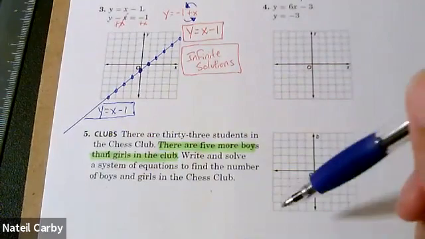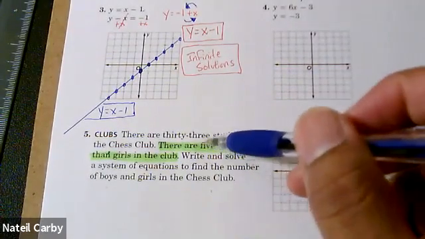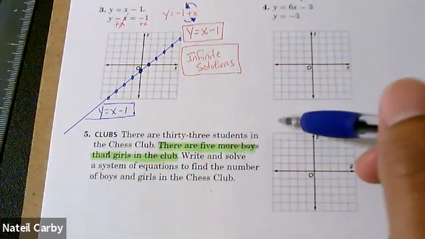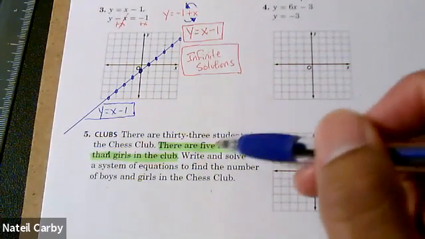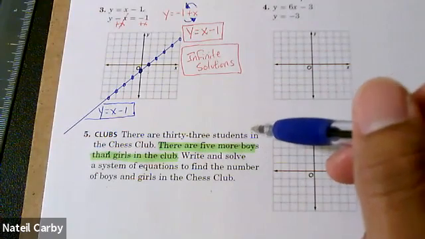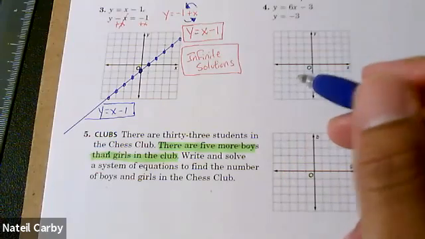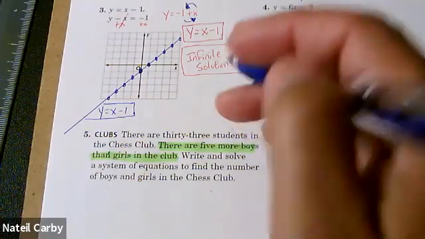I think most of us can easily pinpoint that. There are 5 more boys than girls.